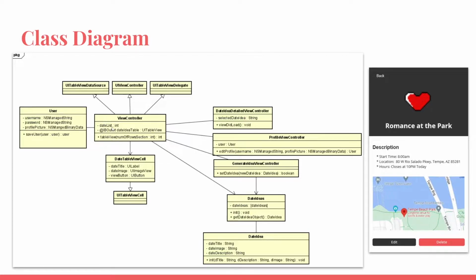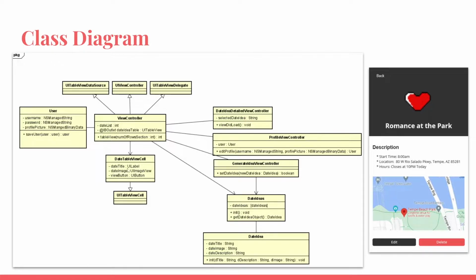So our attributes would be a date list, and then we have the table of this view controller, and then we have the table view. So this is going to be the view of all of the cells or the number of cells in this table. So from here we have the date table view cell.